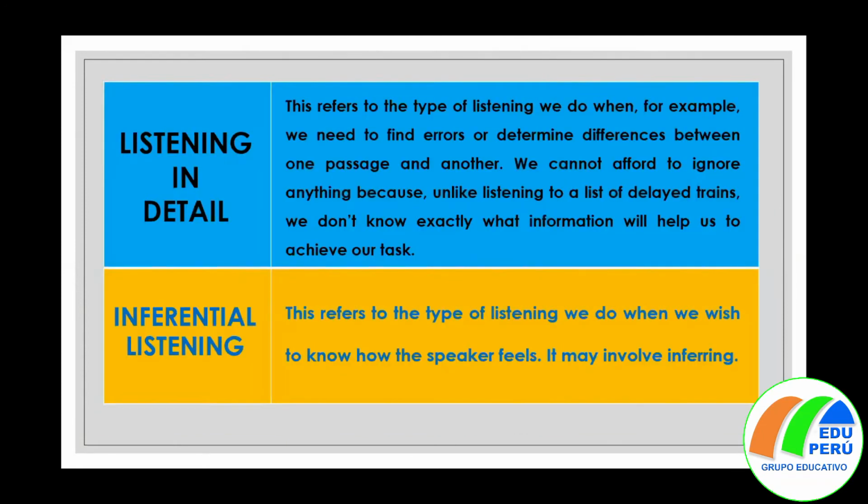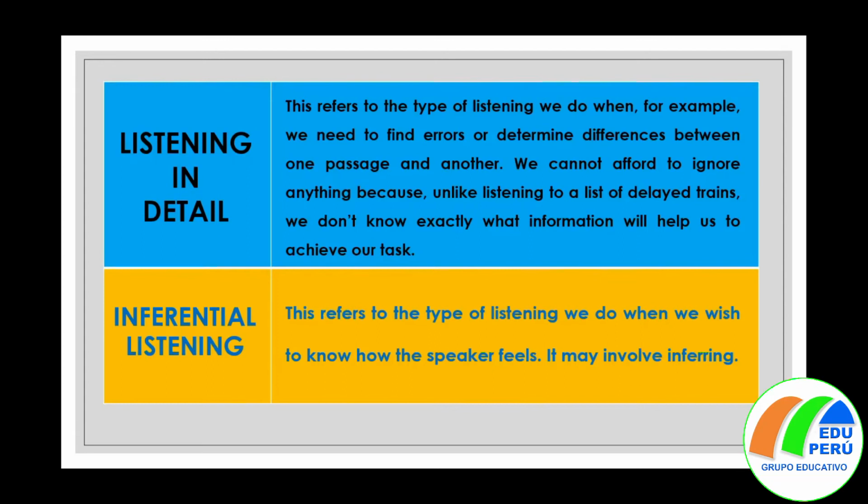Listening in detail and inferential listening. Listening in detail, remember, refers to the type of listening we do when, for example, we need to find errors or determine differences between one passage and another. We cannot afford to ignore anything because, unlike listening to a list of delayed trains, we don't know exactly what information will help us to achieve our task.